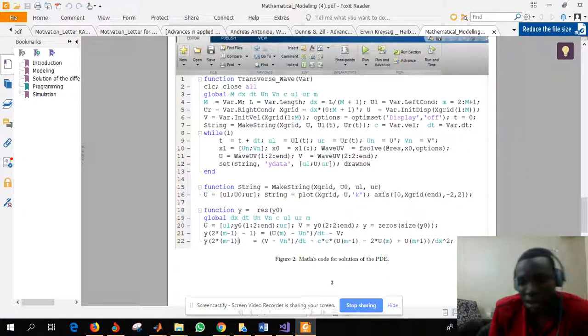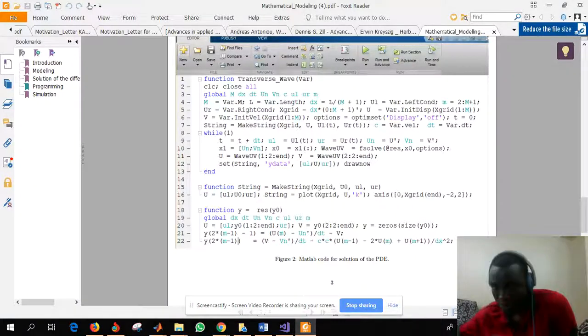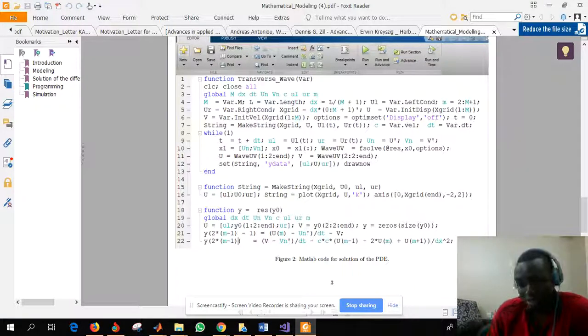Everything comes through the variable var, which is actually a struct. It contains the number of discrete points I want to use in the calculation, the length of the string, the left boundary condition, the right boundary condition, the initial displacement, which means I can change the initial condition, and the initial velocity.